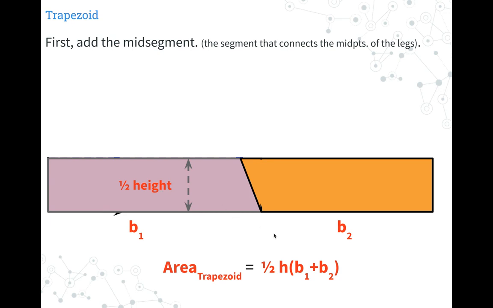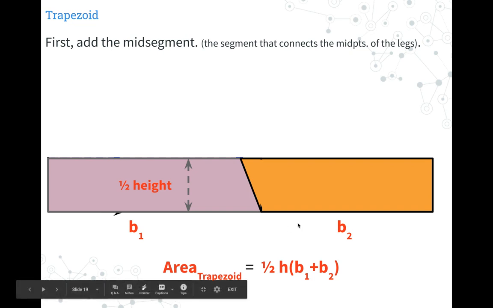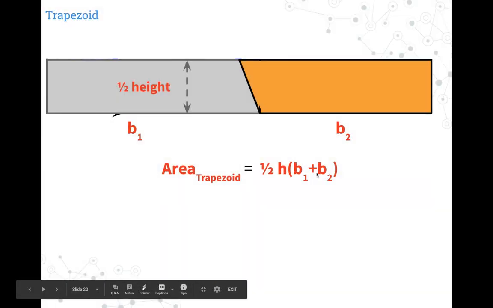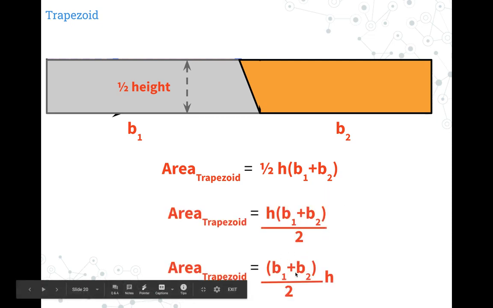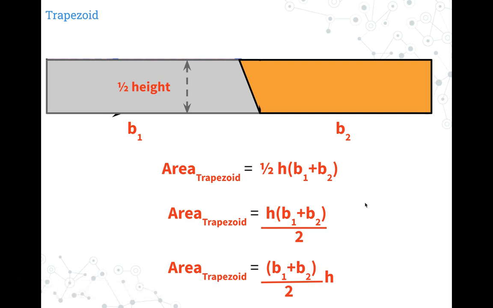So the area of a trapezoid is just 1/2 of its height times the quantity B1 plus B2. And in the textbook, they express this a little bit differently. They take this and do a little rearranging, and express the formula for area of a trapezoid this way: B1 plus B2, that quantity all divided by 2, times H.